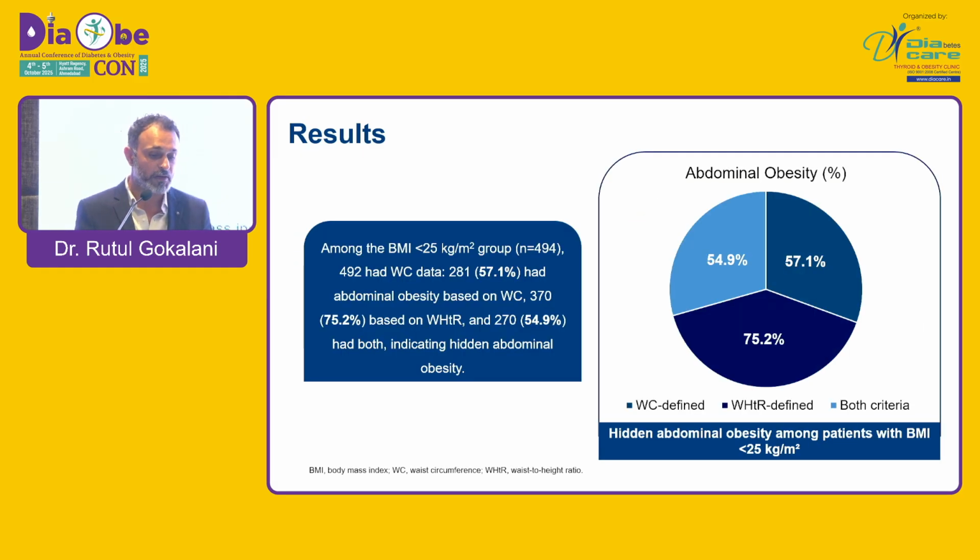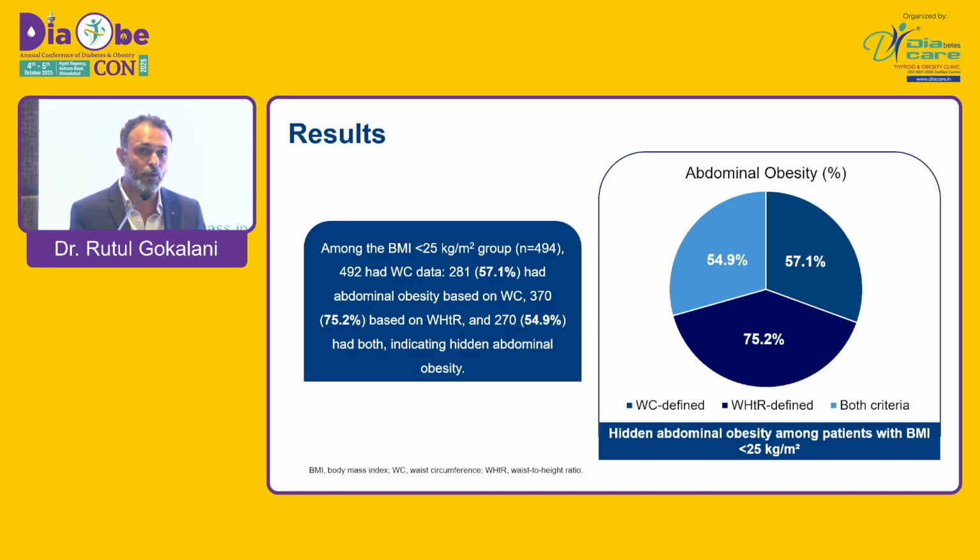Among BMI less than 25, 492 patients had waist circumference data, and of them 57% had abdominal obesity categorized by waist circumference.